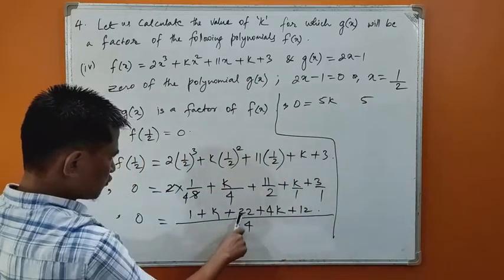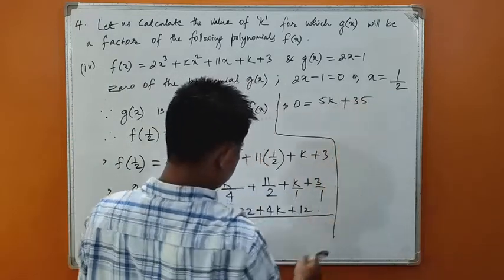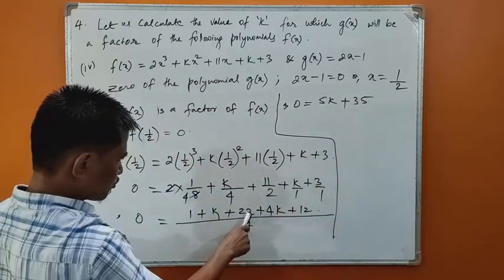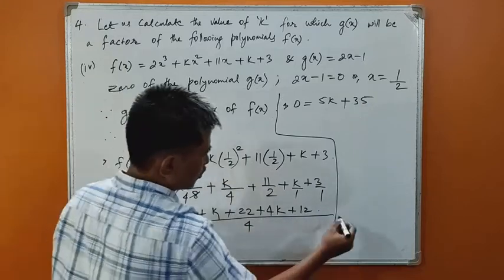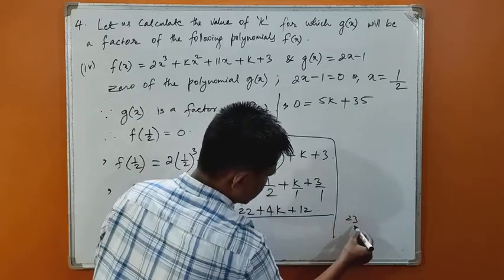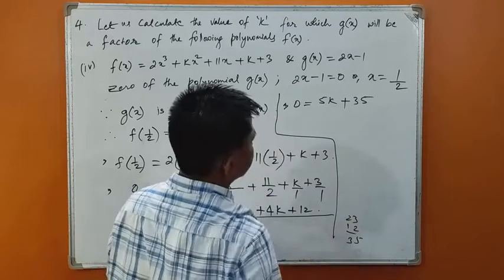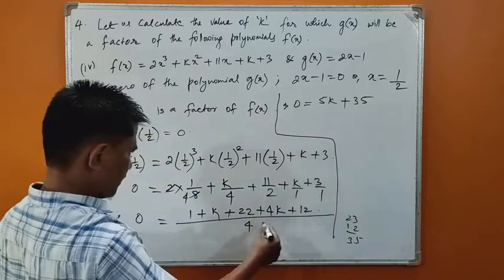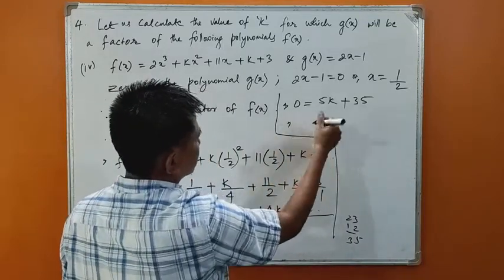22 plus 1, 23, 23 plus 12, 35, yes, 35 over 4, so 0 equals 5k plus 35. Now let's bring this 5k to the left hand side.